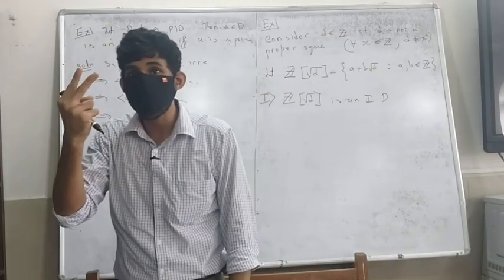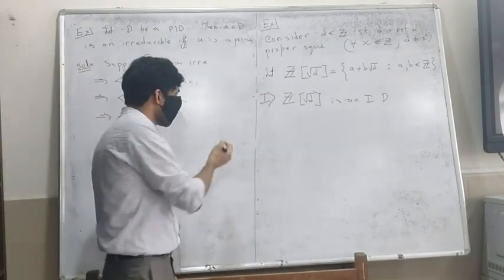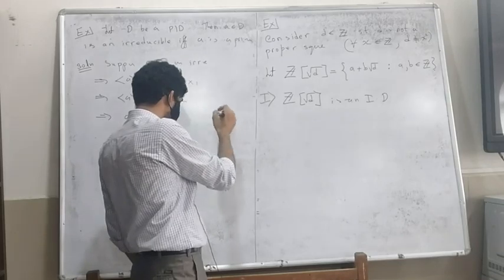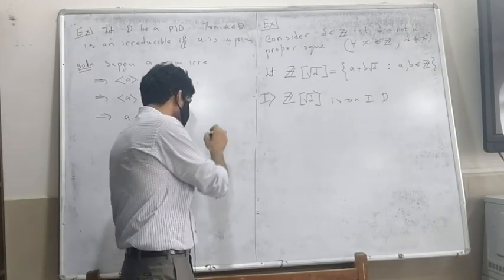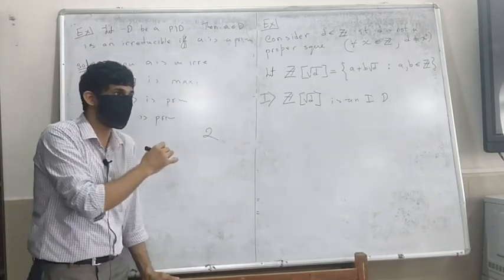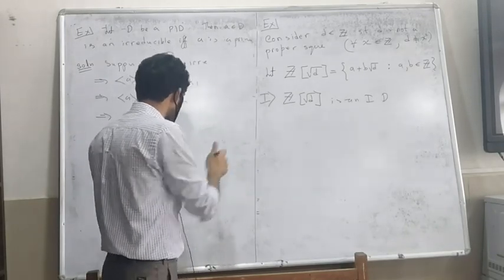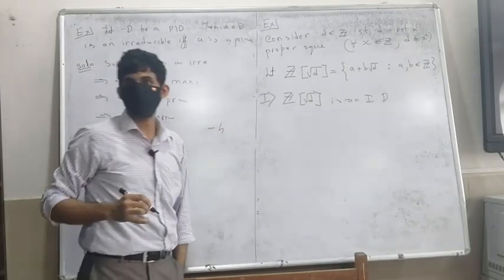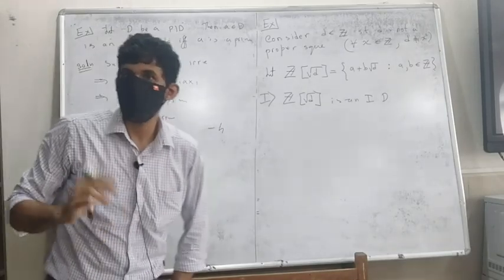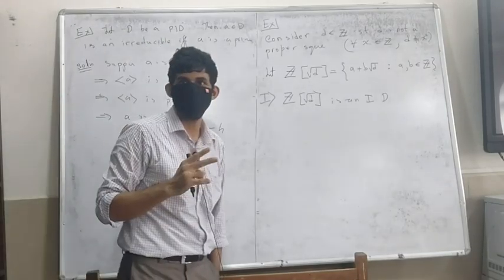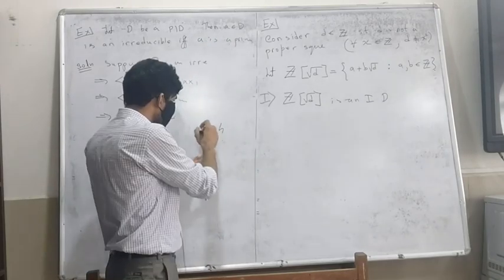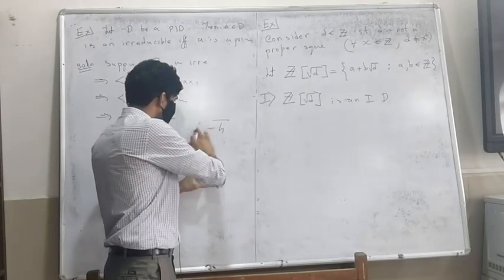There are two square roots, right? For example, the square root of minus 4 will be plus or minus 2i. What is the square root?